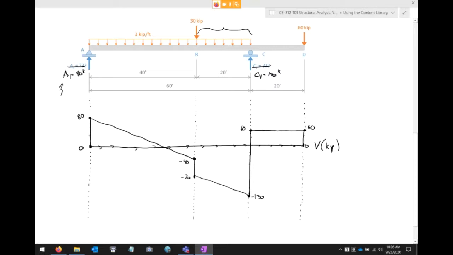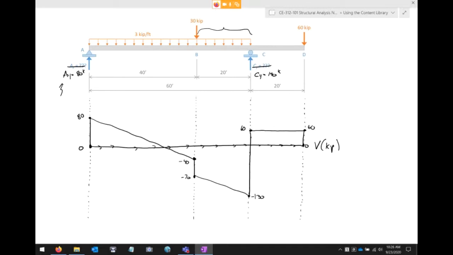So, right off the bat, does my set of reaction forces satisfy equilibrium in regards to verticals? Yes, it does. The sum of forces in the y direction equals 0 because I started at 0 and ended at 0.